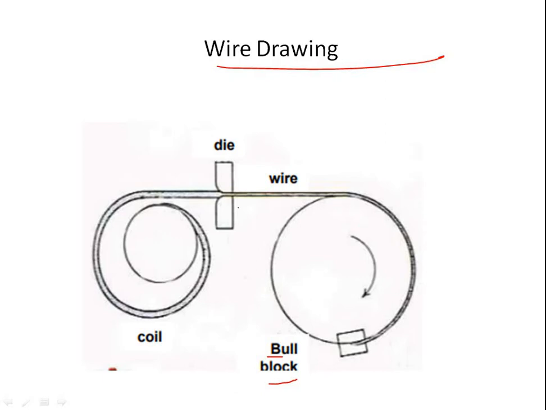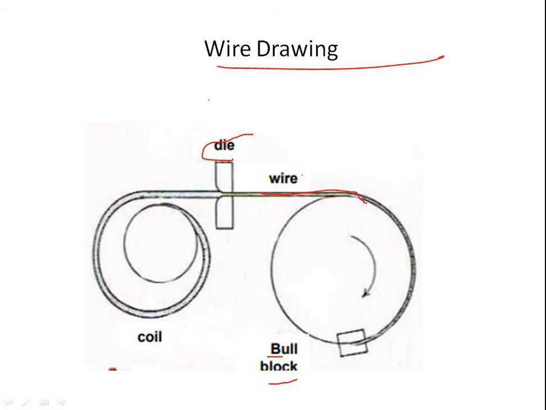Okay, the schematic diagram has been shown here. This is the die and this is the wire which is running, and this is the bull block and the coil. The wire to be drawn is held in a loose coil, and to start with, the end of the rod is tagged, inserted through the die and then finally locked in the gripper jaws of the bull block.